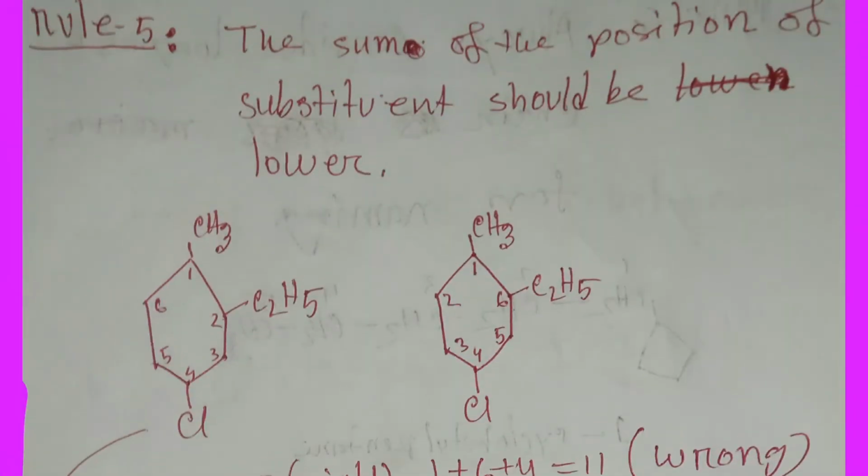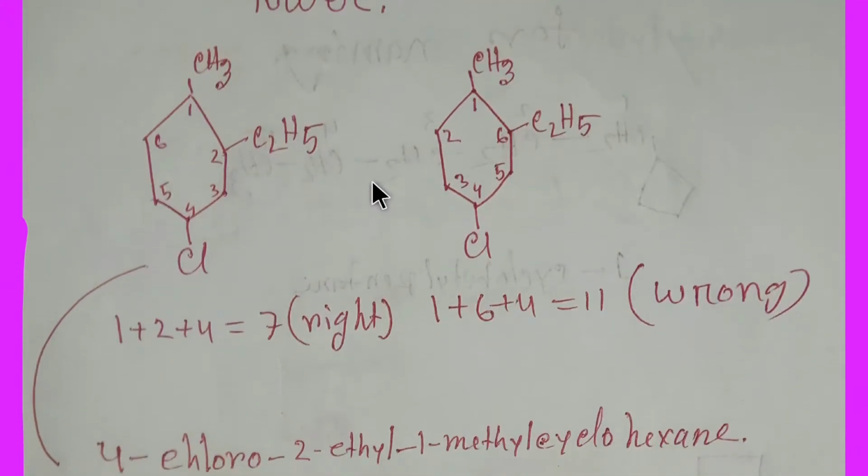And rule number 5, the sum of the positions of substituents should be lower, right? Well, how is it done? Observe here. This is 1, 2, 3, 4, 5, 6.